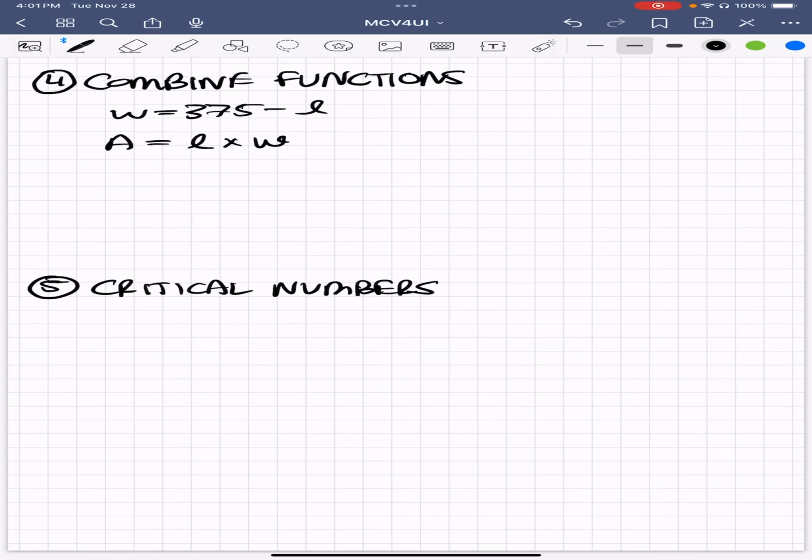That way we are only left with one variable and can then find the derivative of the area of the garden function. And then you'll find critical numbers, or in this case L values, that will help you find the maximum length of the garden.